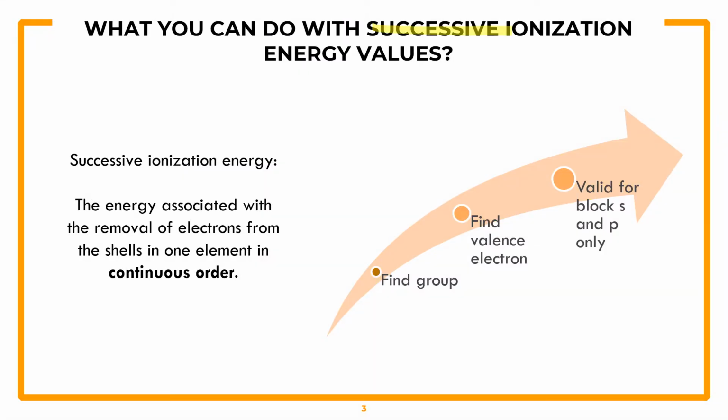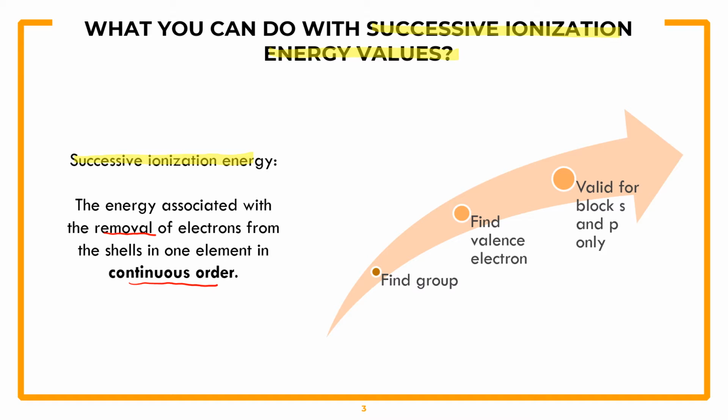What is successive ionization energy? Successive ionization energy merujuk kepada energy associated with the removal of electrons from the shells, okay, or from the outer shells in one element in continuous order. So, untuk pengetahuan awak, kita boleh ada banyak ionization energies.